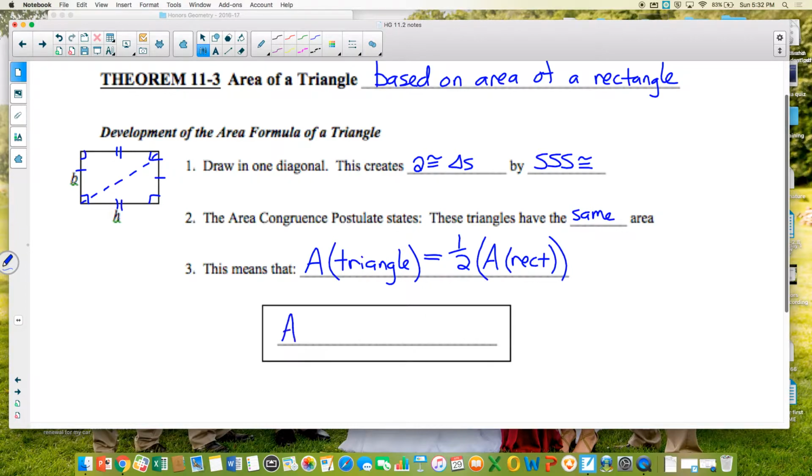So we will say area of triangle, if we refer back to area of a rectangle is base times height. That means the area of a triangle must be 1/2 times base times height. You may have heard of base times height over 2. Same thing as 1/2 times base times height.